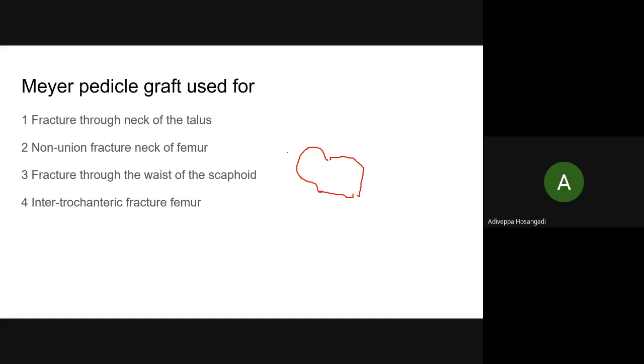Here again, the blood vessels enter like this. If the neck of the talus is fractured, the proximal portion of the talus or the scaphoid will be deprived of the blood supply. That will go for avascular necrosis.